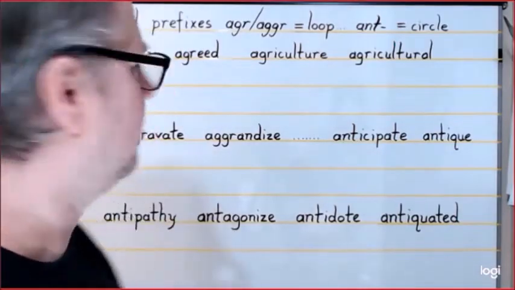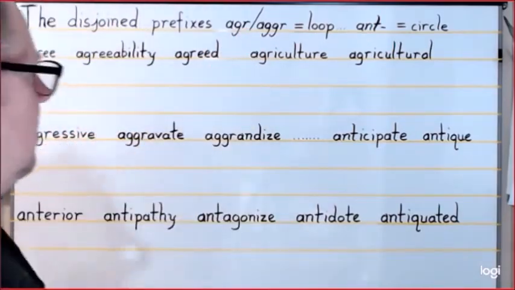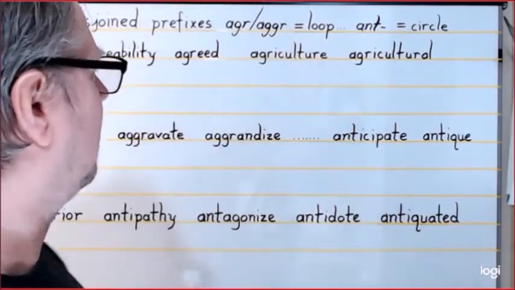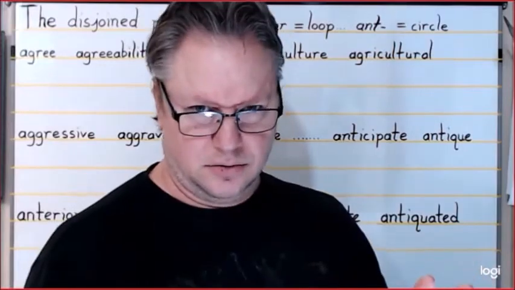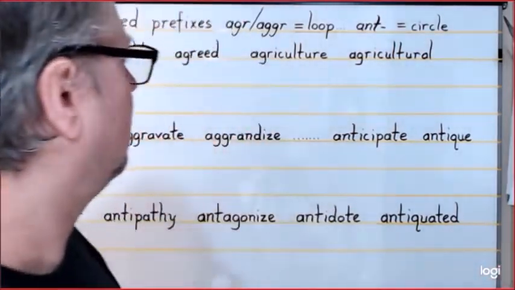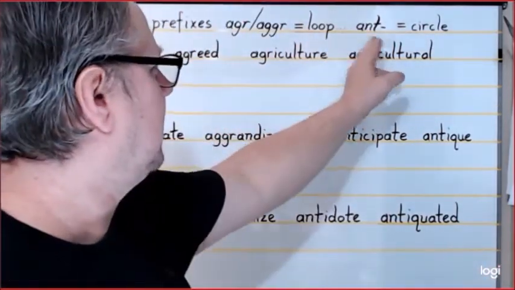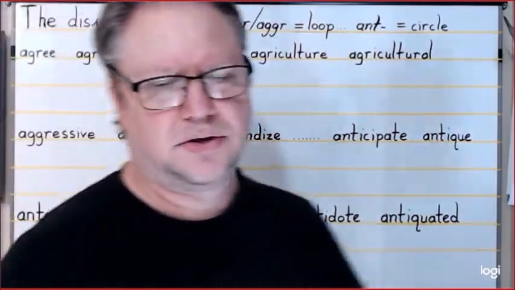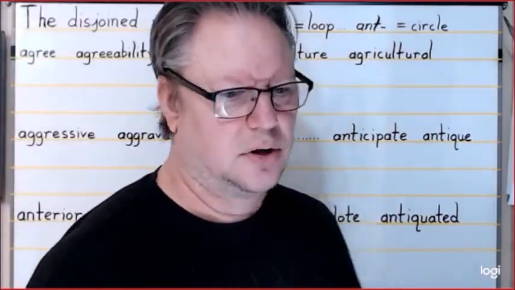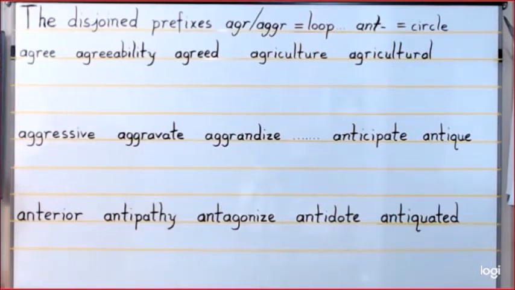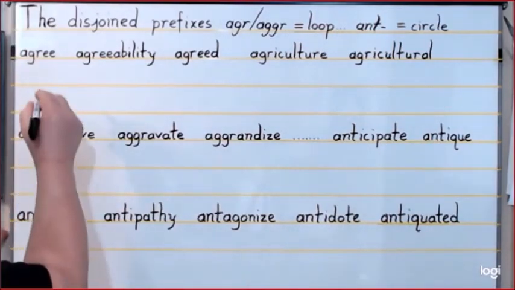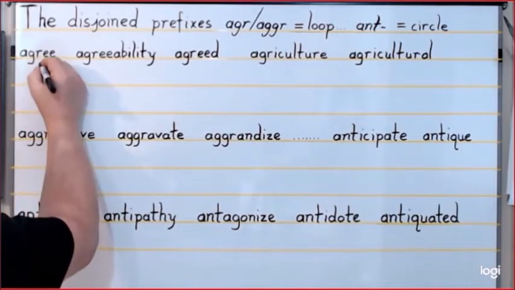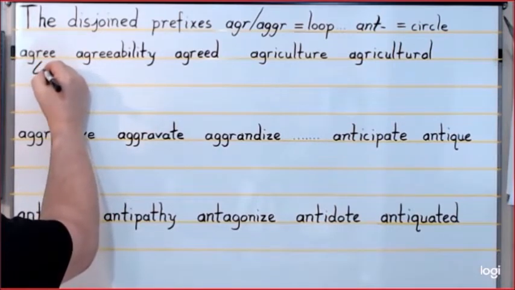The disjoined prefix AGR and AGGR are expressed by a loop, and the prefix ANT is expressed by a disjoined circle. So for the AGR prefix, agree is simply just a loop.